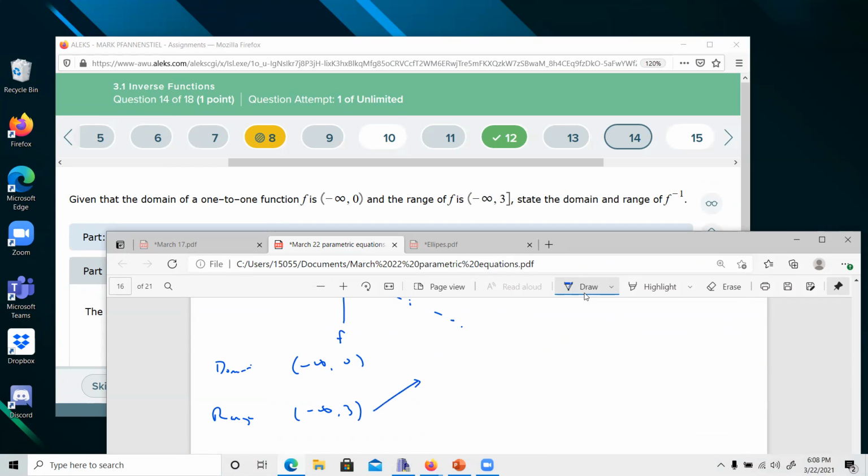So the domain of the inverse, f inverse over here, is negative infinity up to 3, and then this one is negative infinity to 0.